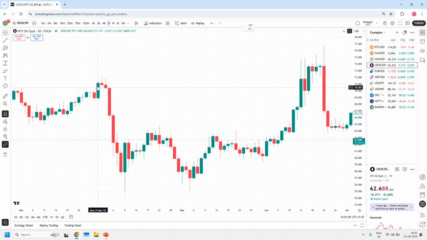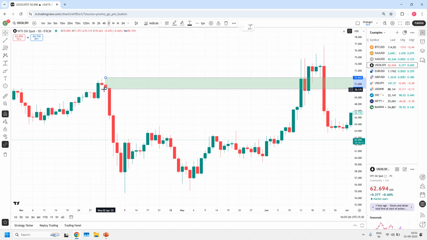You have an excellent rally candle, two base candles. That means base candle count is within 1 to 3 candles. So it is excellent. See here, follow through candle. You have a drop candle. Follow through candle is also an excellent drop candle. That means this zone is an excellent zone, right? Let us draw a zone here.